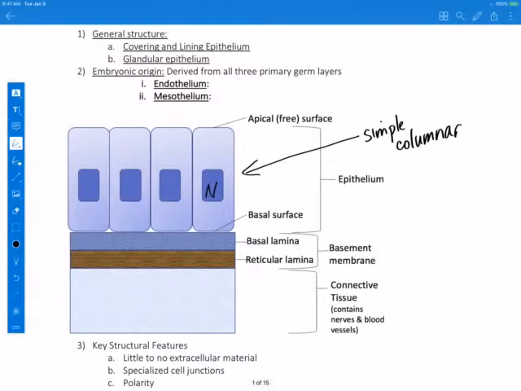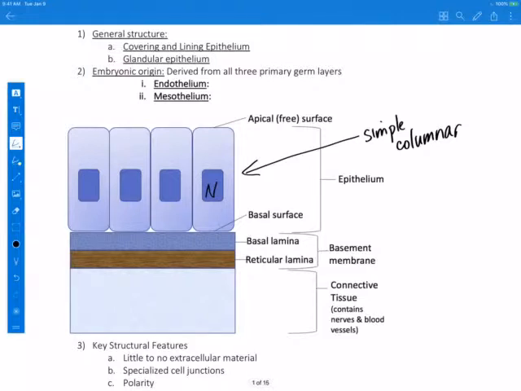So far, some of the key structural features of epithelium are that it pretty much has little to no extracellular material. So you'll notice there's not a lot of space outside these epithelial cells. It's highly cellular and it has virtually no extracellular material between the cells. And you can see there's very little space between the cells.